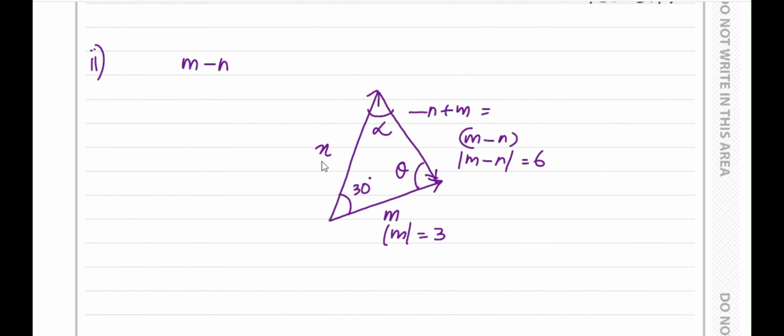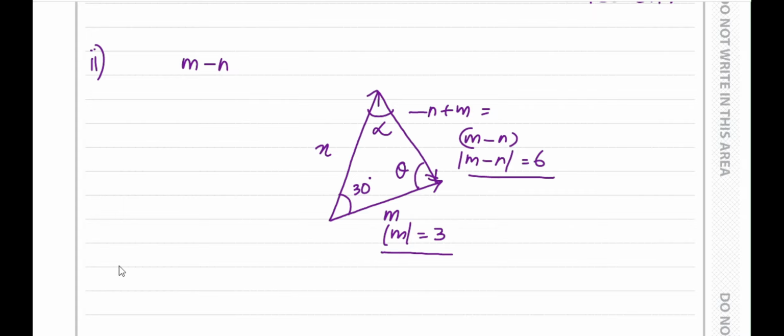Since we do not know the magnitude of n, we have to rely upon this and the angle 30 degrees to calculate the angle alpha, and from there we can figure out theta. So let's write using the sine rule.